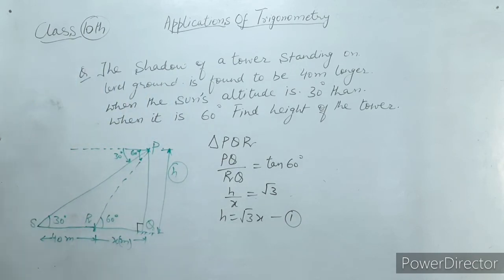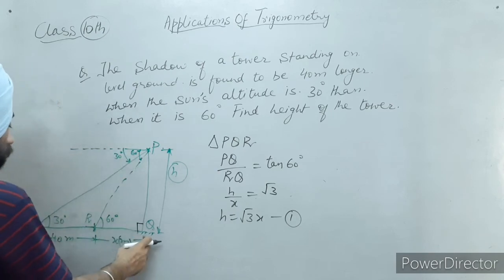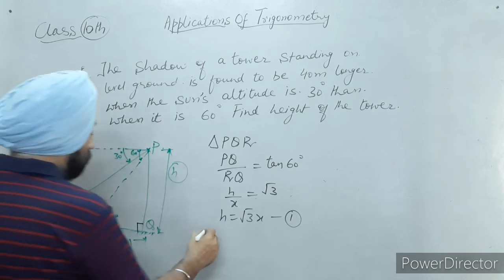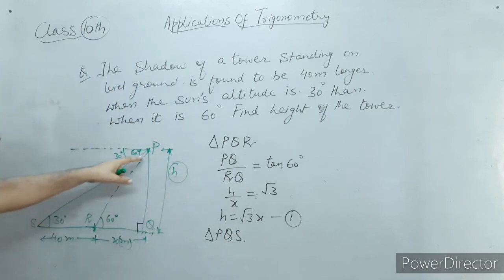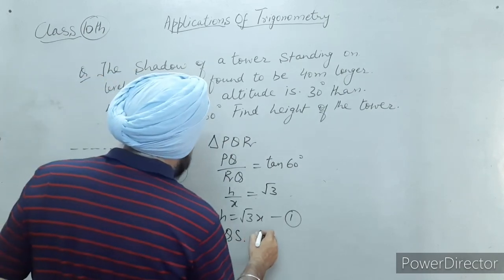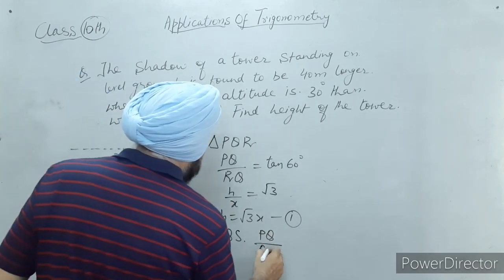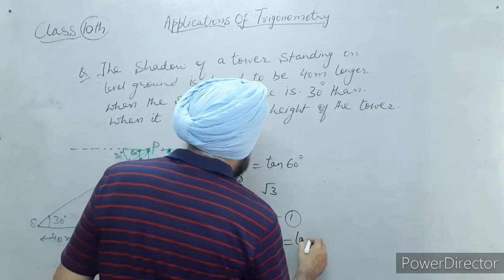Right? Again, height upon the base, it's tan 30 degree. Now I will take the triangle as PQS. PQ upon the base SQ, or QS, equals tan of 30 degree.